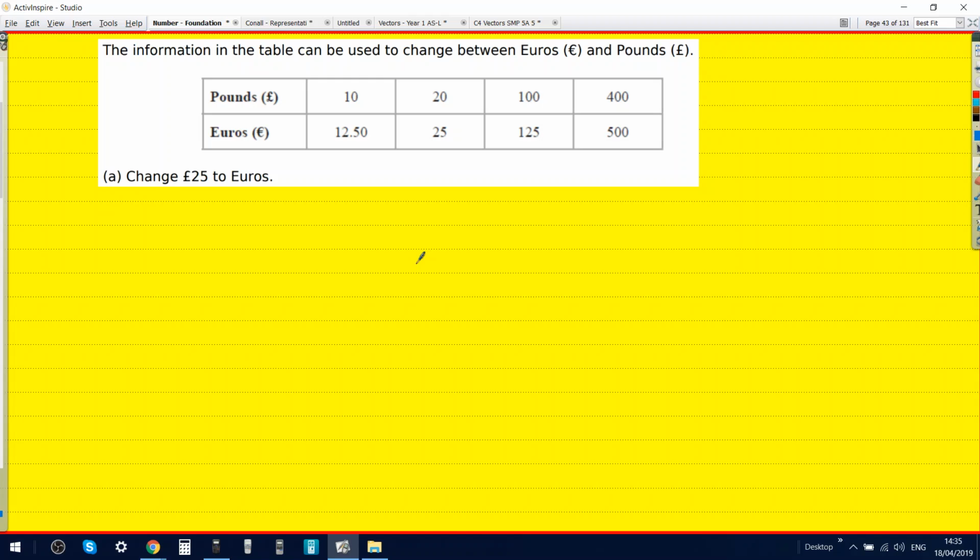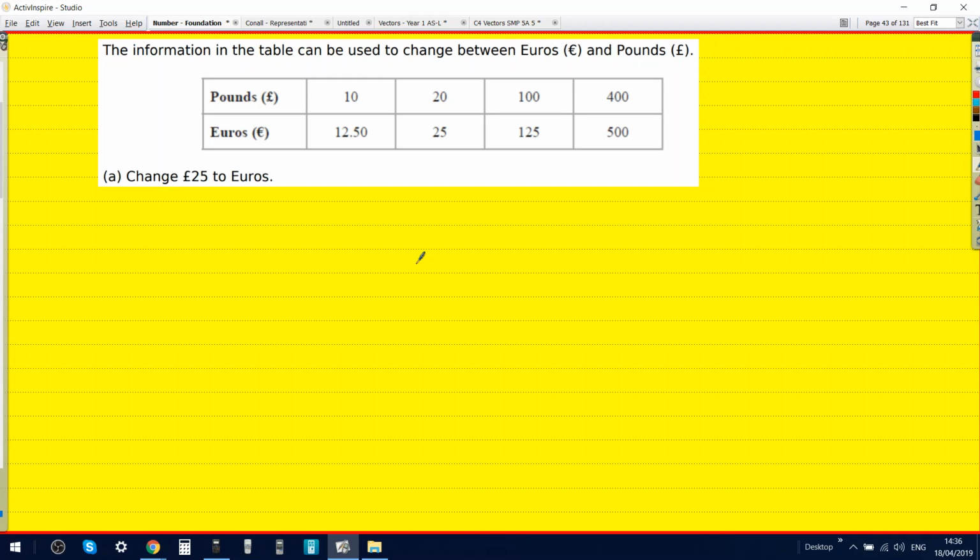Oh, I can't remember which way around. We want pounds to be euros. Would it be 20 pounds divided by 25?